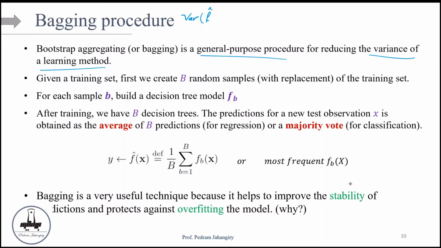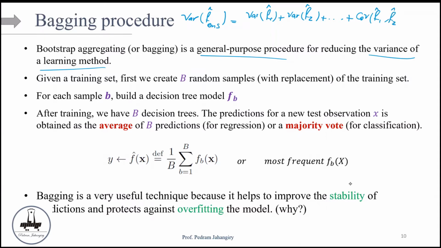So let's say this is the variance of f hat, our ensemble method. It's going to be equal to the variance of f hat 1 plus variance of f hat 2 plus, of course, it depends on the covariance of f hat 1 and 2 and every other pair, right?